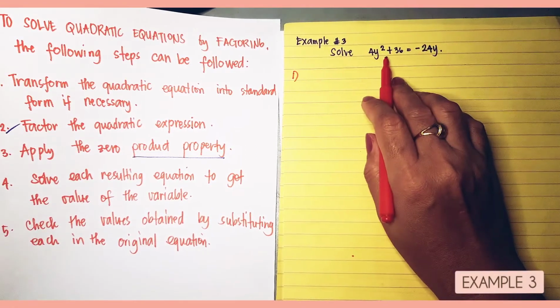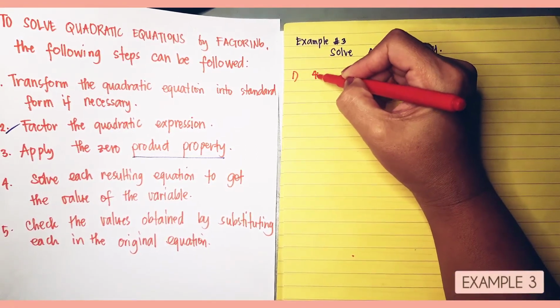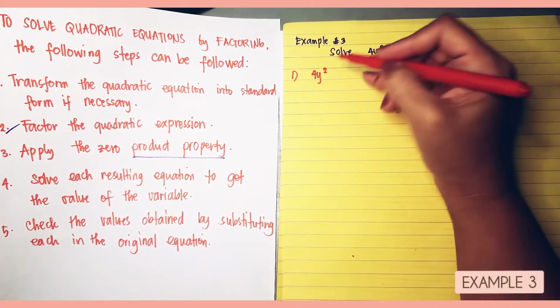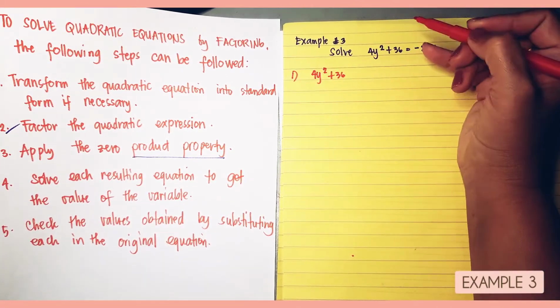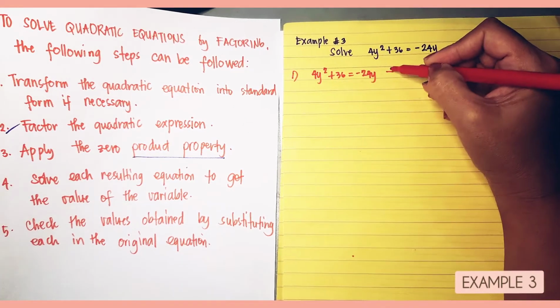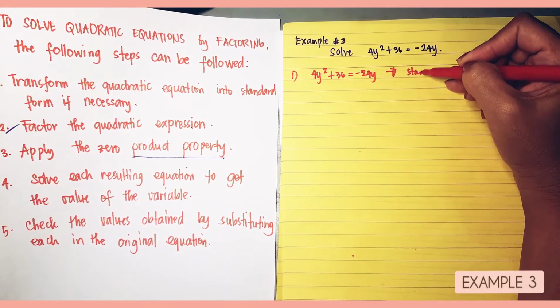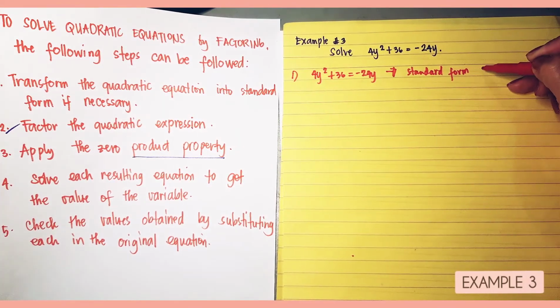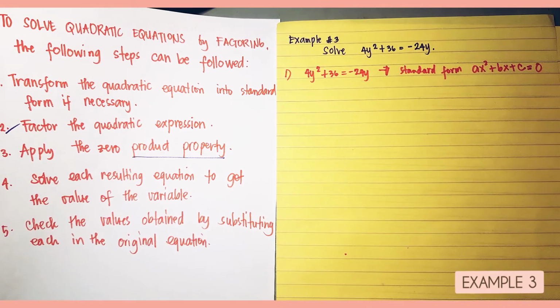So this becomes 4y squared plus 36 equals negative 24y. So we need to change this into the standard form of ax squared plus bx plus c equals 0.